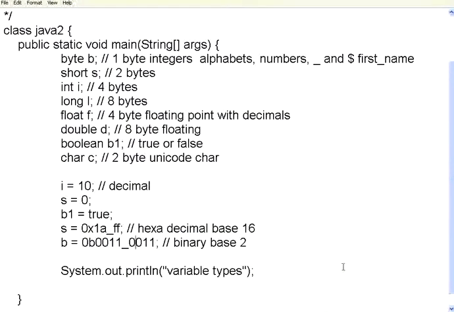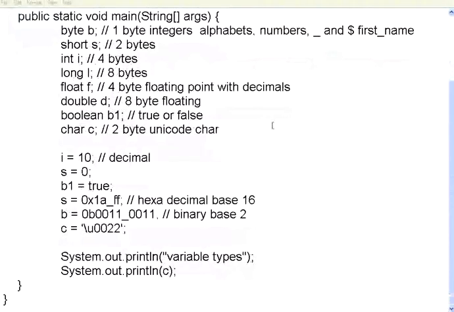Let us initialize some character variables also. Let us initialize this character variable to a Unicode value. For Unicode values, you can refer to the Unicode tables. This is called Unicode. \u, this indicates it's a Unicode value, 0022. This is one thing for double quotes. Let us compile this program and then print what it says, because now I'm printing this.